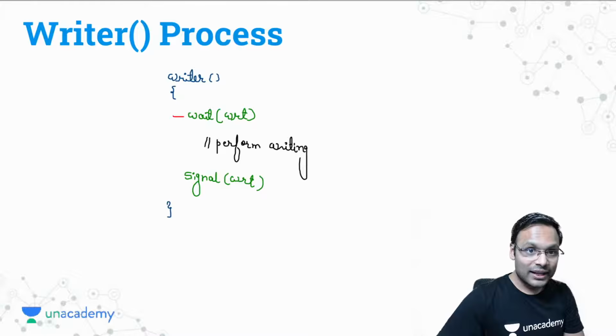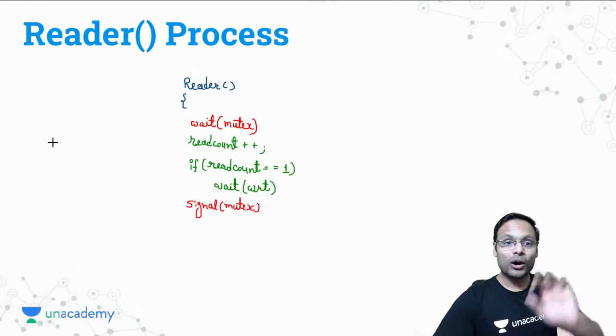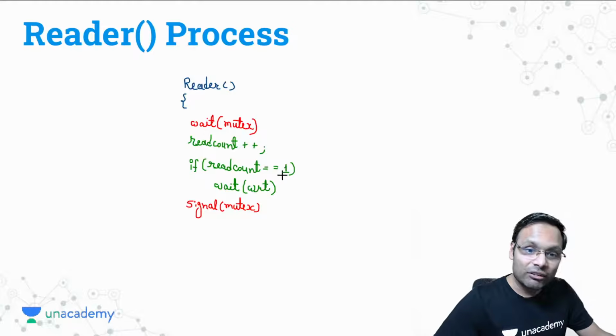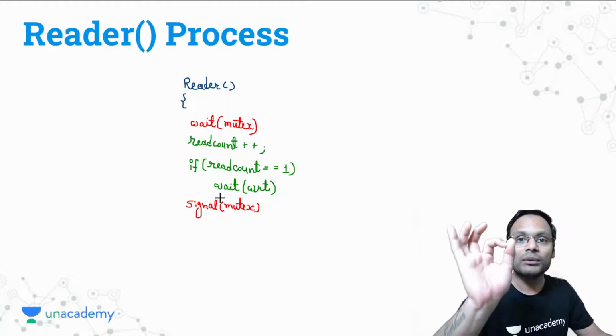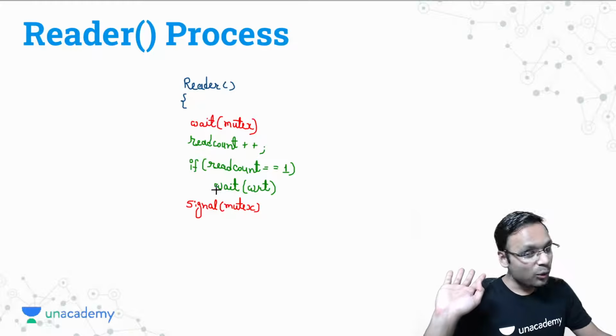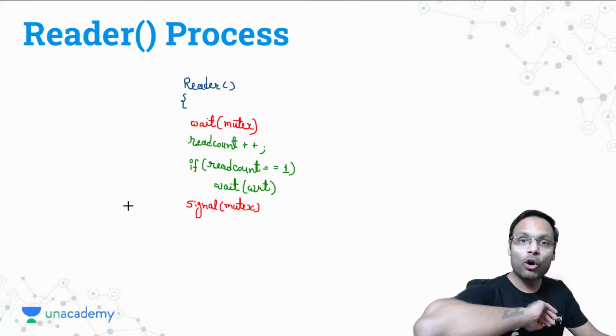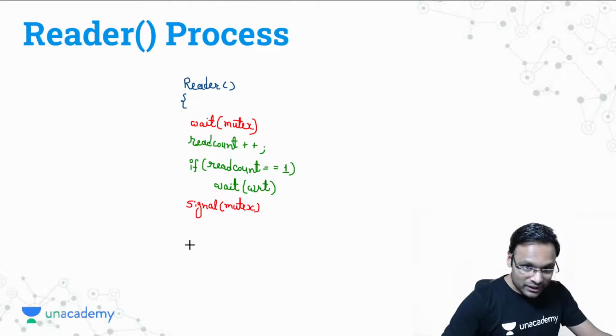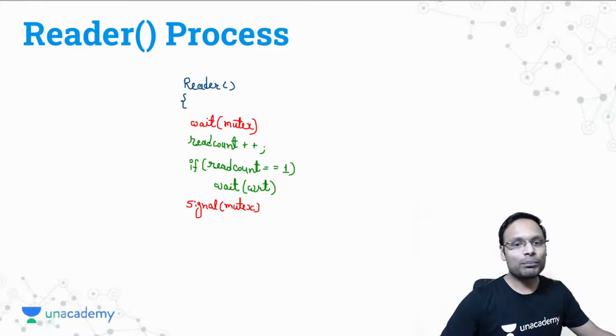After wait, there is a signal also of WRT. So if no writer is there, WRT should be 1. Yes, if the first reader comes, takes the wait on WRT, now WRT becomes 0. Now no writer can come until all the readers finish. Right? So after this, my reader can perform reading.